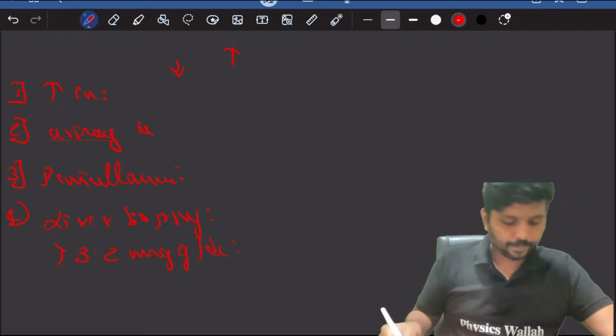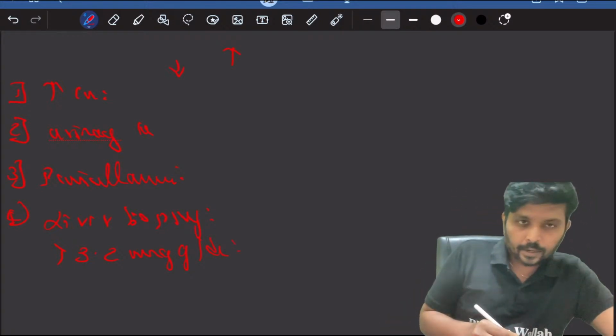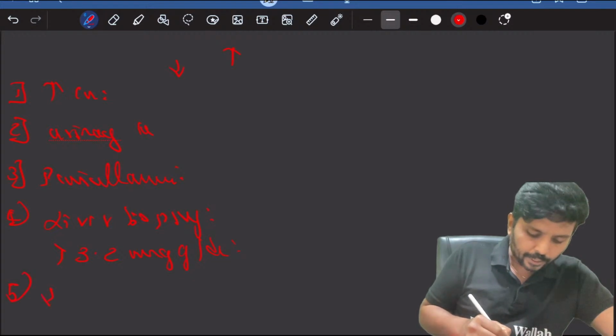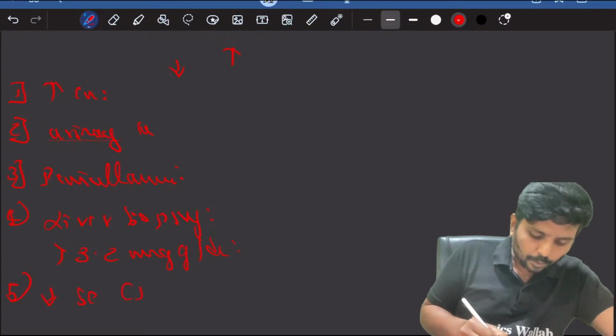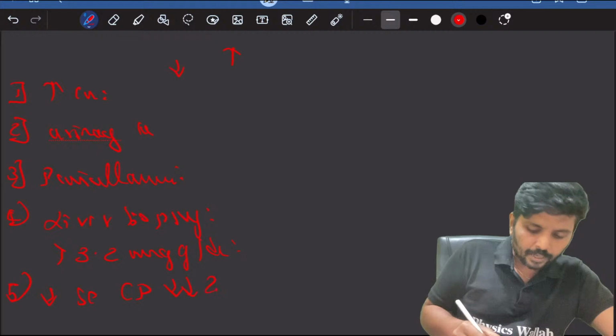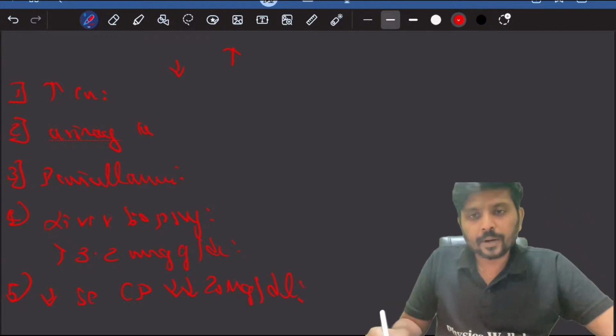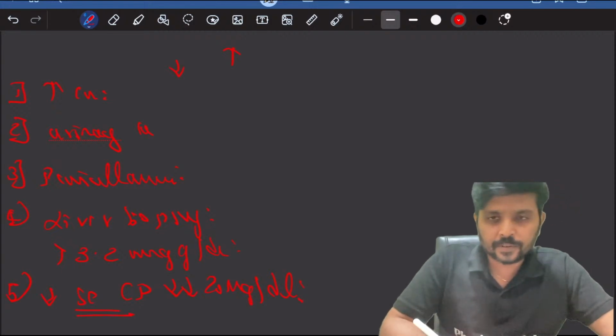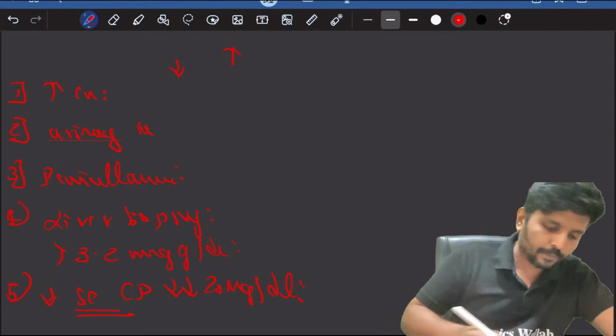The simple test is reduced serum ceruloplasmin, less than 20 milligram per deciliter. Even though it is not a specific test, we do serum ceruloplasmin.